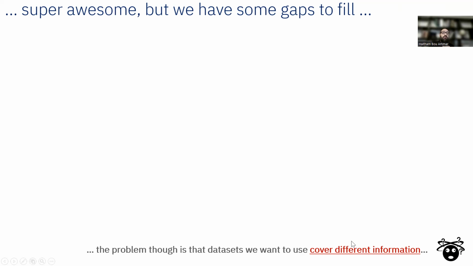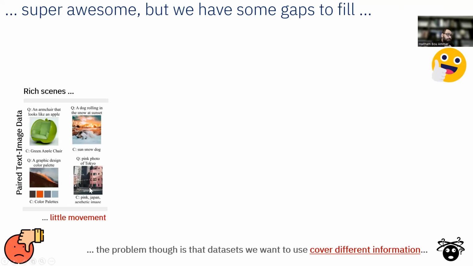This could be possible, but the problem is that the datasets we want to use cover different forms of information. Let's explain that. If you are talking about paired text and image data, you would notice that this data has a lot of rich scenes, but little movement in those scenes.